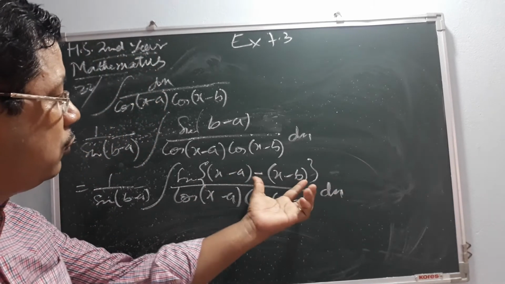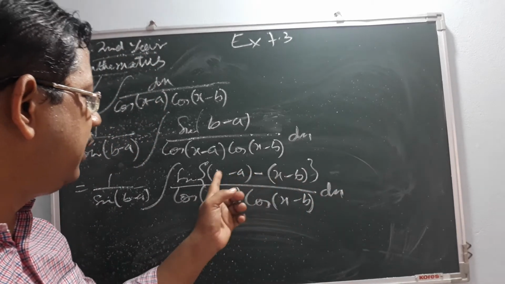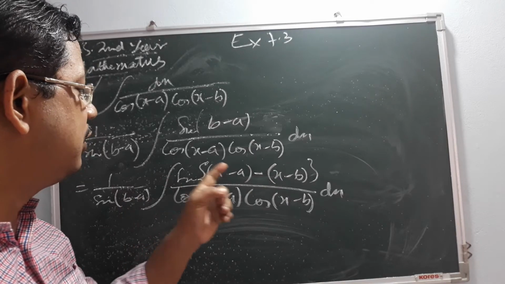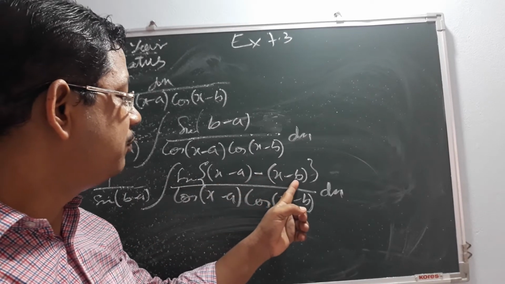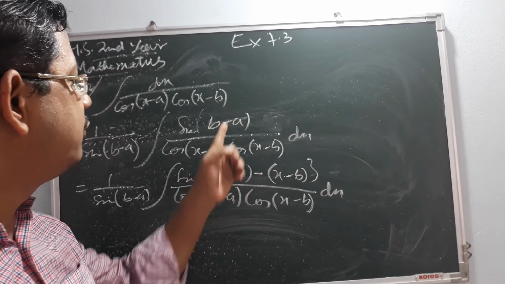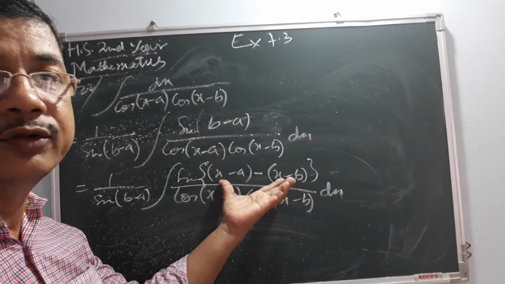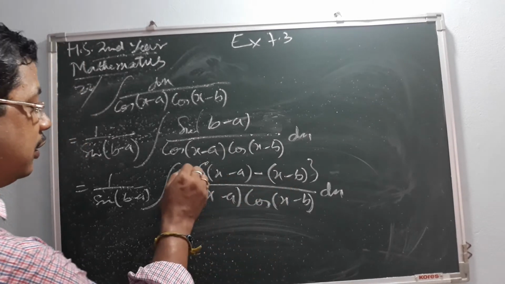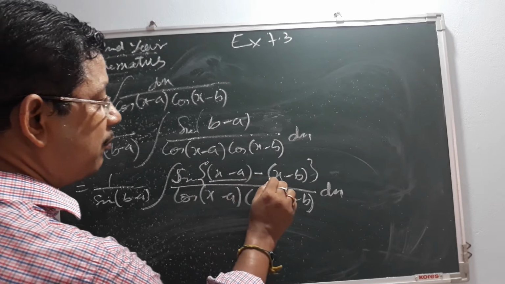Why? If we open this bracket, then x and minus x will cancel each other. This minus will make minus b as plus b, and this is the minus a. So b minus a, we can write this one. Now think this is sine of a minus b.